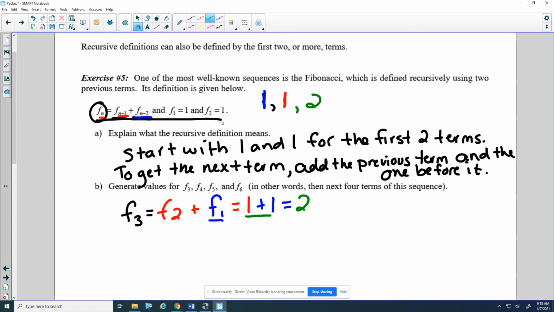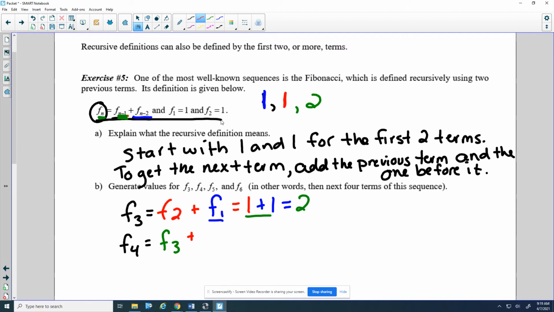Okay. So now to get the next one, F of 4, I am going to add F of 3. So if this is a 4, this is a 3, one smaller. I don't know where this color coding is going, to be honest with you, but we're going to stick with it.